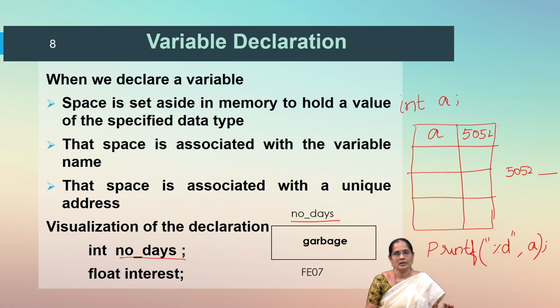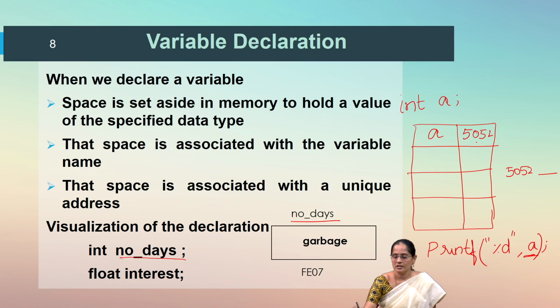What the compiler does when it encounters the name of the variable in the printf statement is go through the symbol table. In the symbol table, it finds the mapping of the particular variable name with the corresponding address.